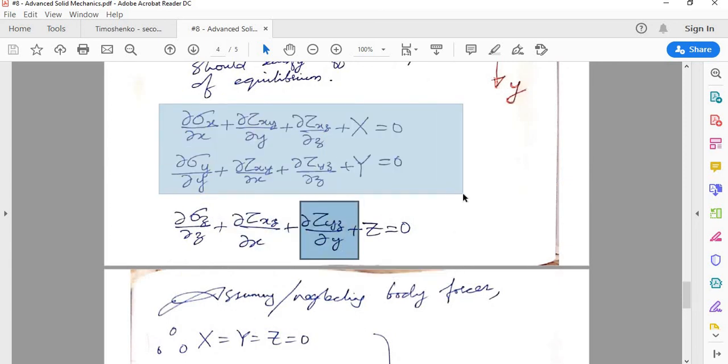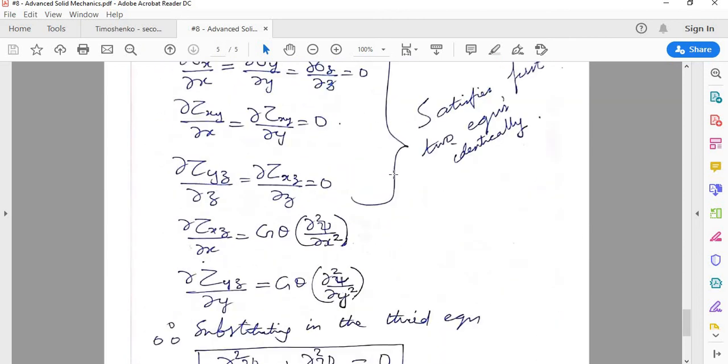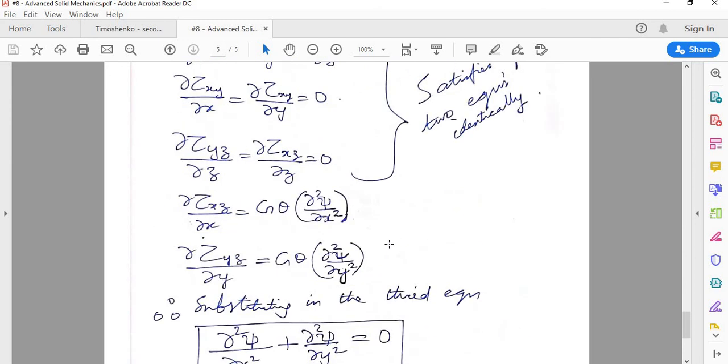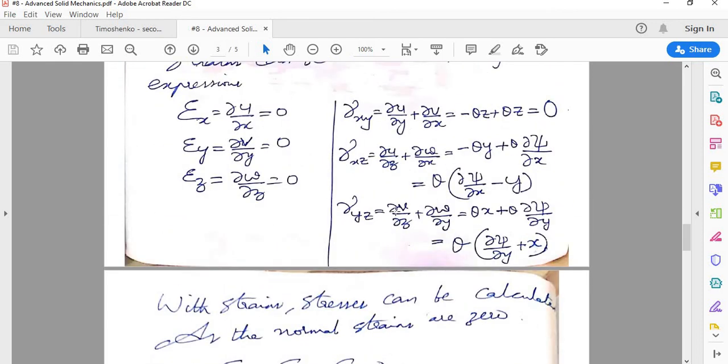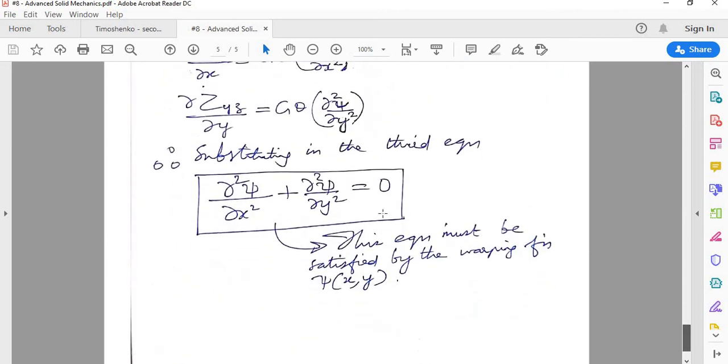So the first two equations are identically satisfied, and the third equation will simplify to this particular form: del square phi by del x square plus del square phi by del y square equals 0. It means that the warping function which we had initially assumed should satisfy this particular equation.